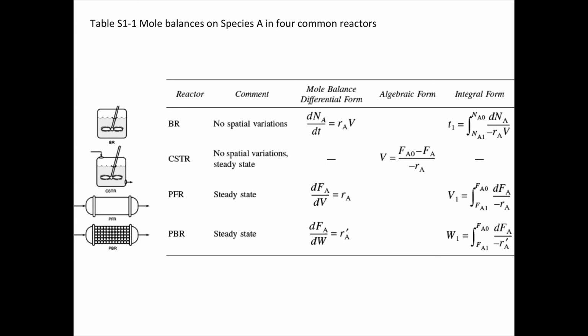Again, the only reactor that has an algebraic form is the CSTR. So we don't need to use integration or solutions depending on the order of the reaction. Pretty much we can use this straightforwardly. And then depending on the type of reactor, we are going to get the integral form, based on the criteria for that particular reactor.